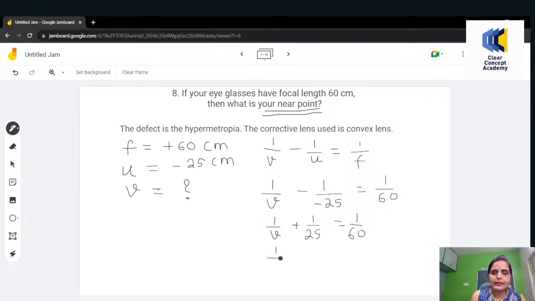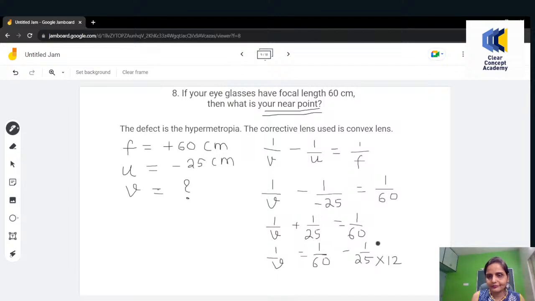Therefore 1 by V is equal to 1 by 60 minus 1 by 25. You should know the LCM of 60 and 25. It is actually 300.